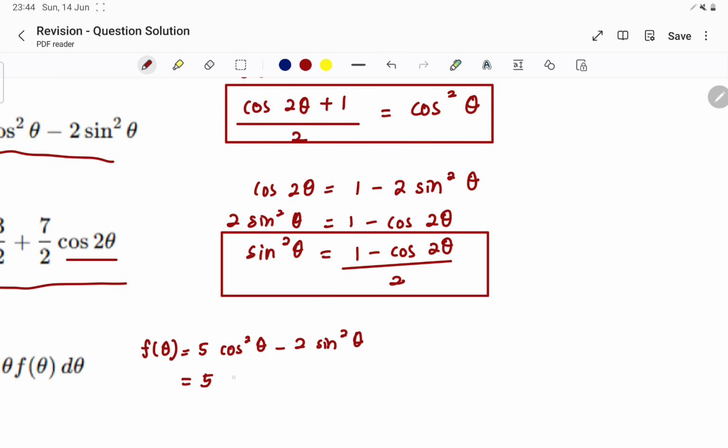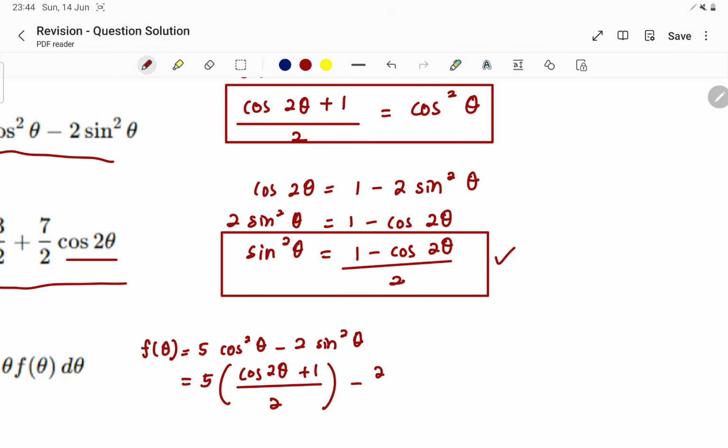So 5 times cos²θ, which is (cos 2θ plus 1) divided by 2, minus 2 sin²θ. You can substitute this formula inside.